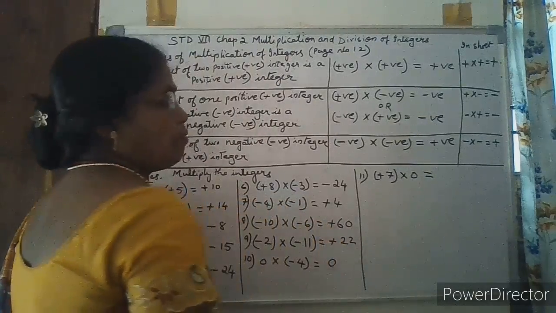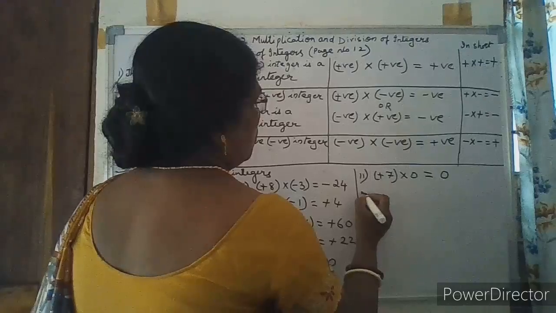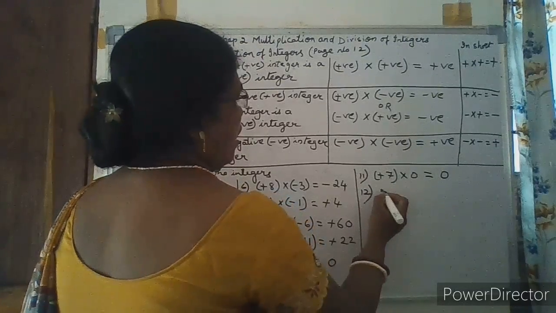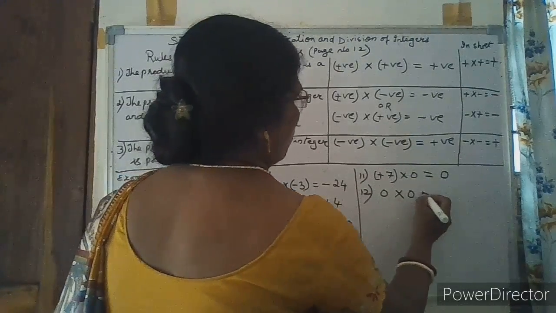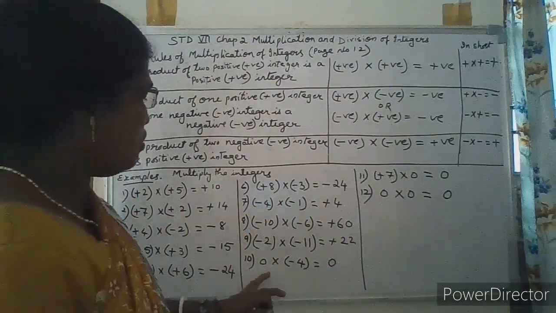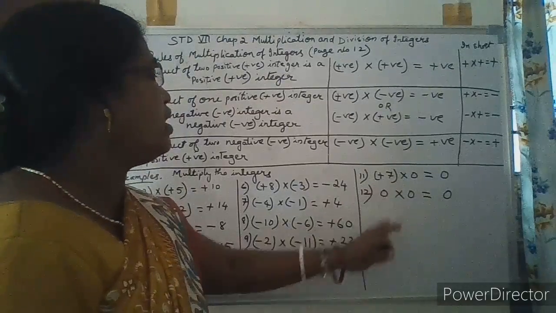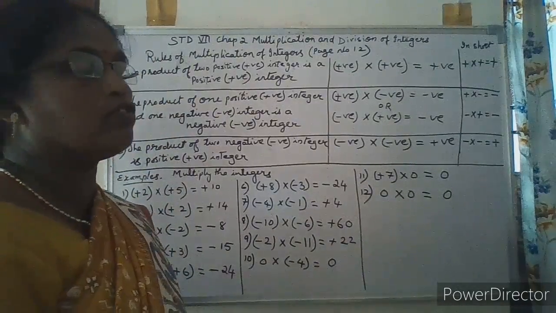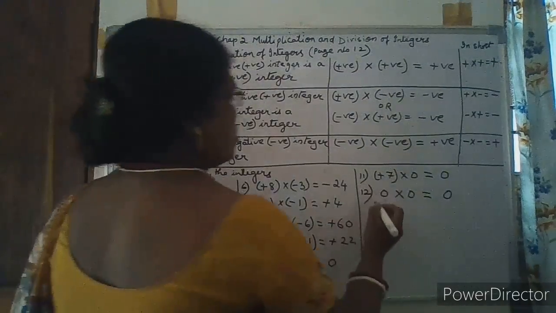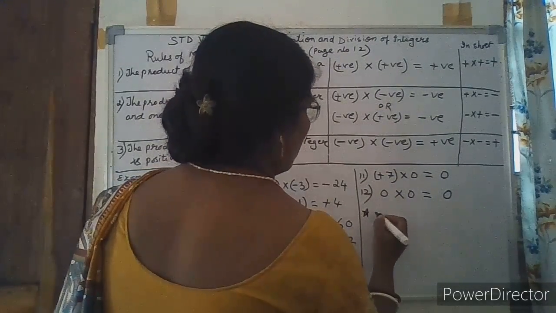Any number multiplied by 0 is equal to 0. Example 12, 0 into 0 is also equal to 0. So this is the rule: when 0 comes, any number multiplied by 0 is always equal to 0. This is an important point you have to note down.